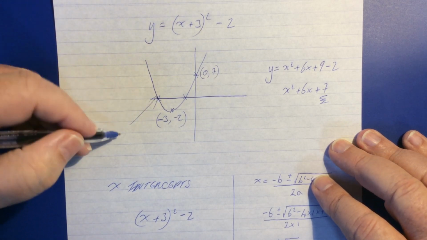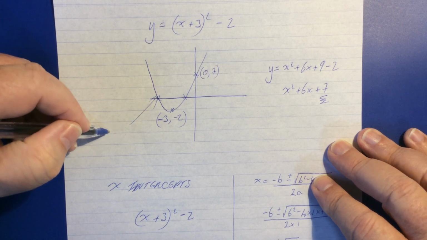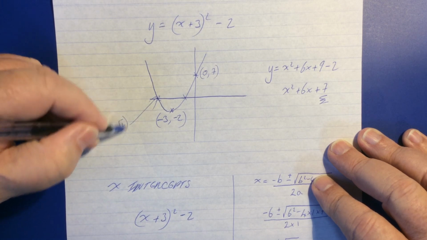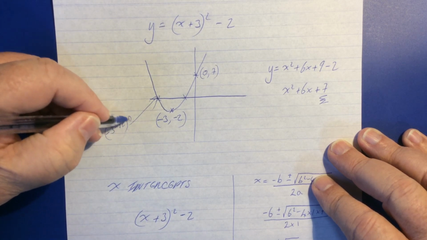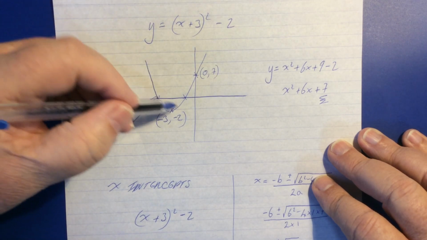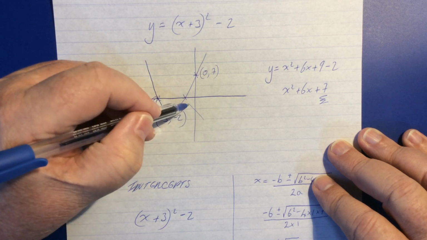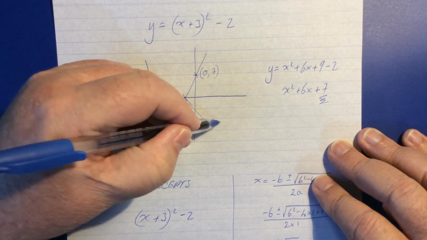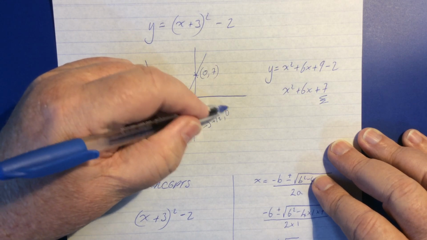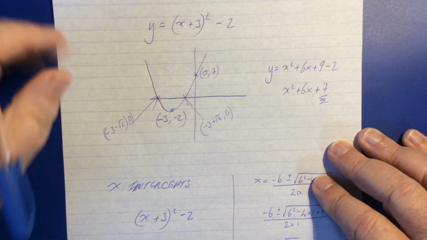So this is (negative 3 minus root 2, 0). Just get those expressions together. And this is (negative 3 plus root 2, 0). Okay, I hope that makes sense.